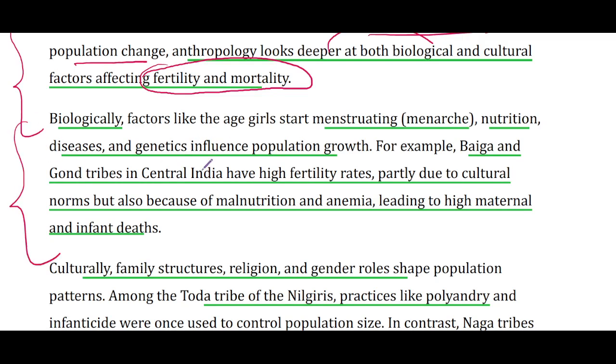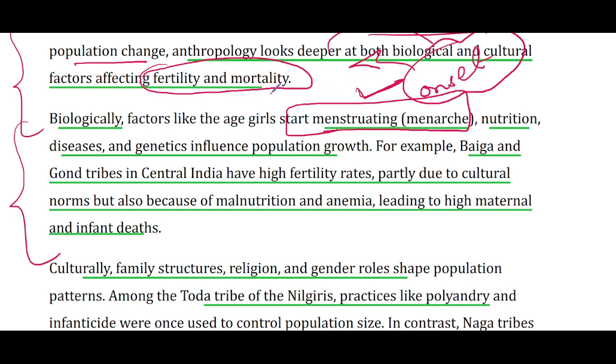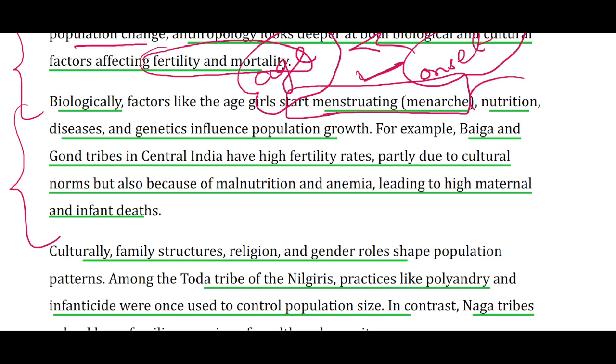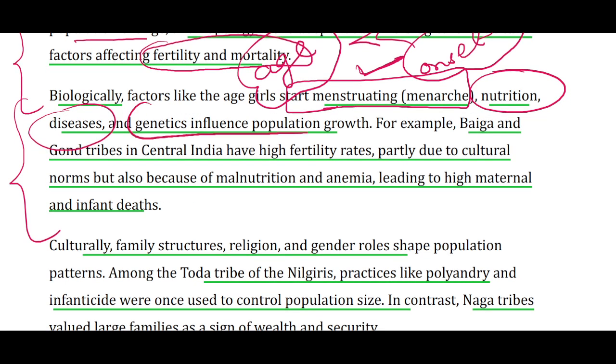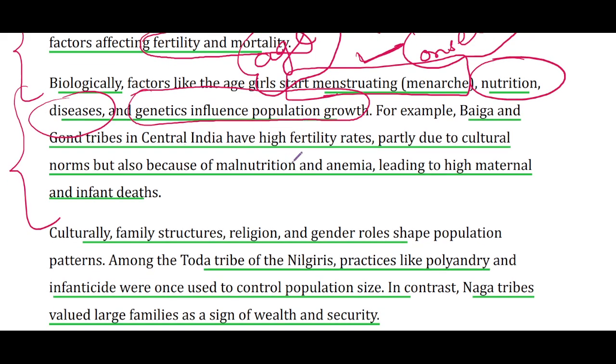Biologically, factors like the age at which girls start menstruating, menarche, because it signifies the onset of puberty, and the age from which women can bear children. Then other factors such as nutrition, diseases, and genetic influences also have a bearing on population growth.